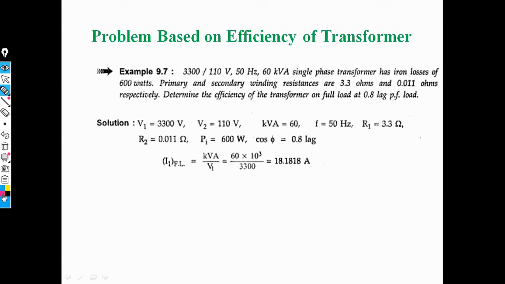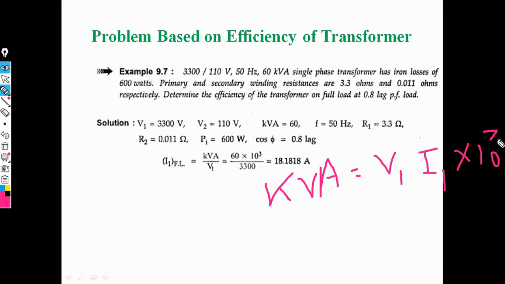The formula is kVA is equal to V1 I1 into 10 raised to 3. Then rearranging the equation for I1, I1 is equal to kVA upon V1.